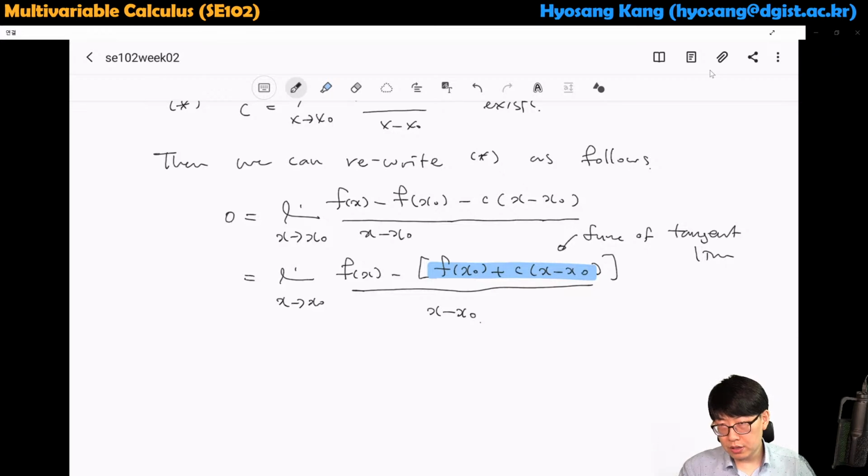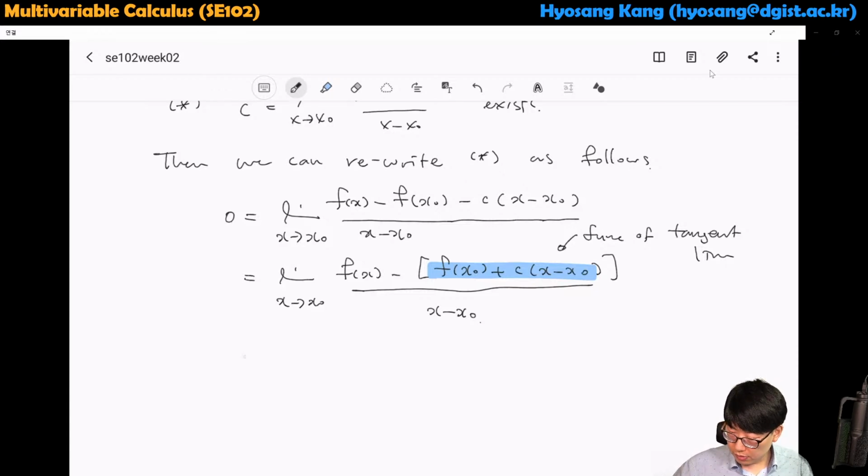If the ratio goes to 0 as x approaches x0, we say that the single variable function is differentiable. In this formula, c serves as the slope, and we define that as the differential of the function. So our definition of differentiability of a two variable function is just a generalization.